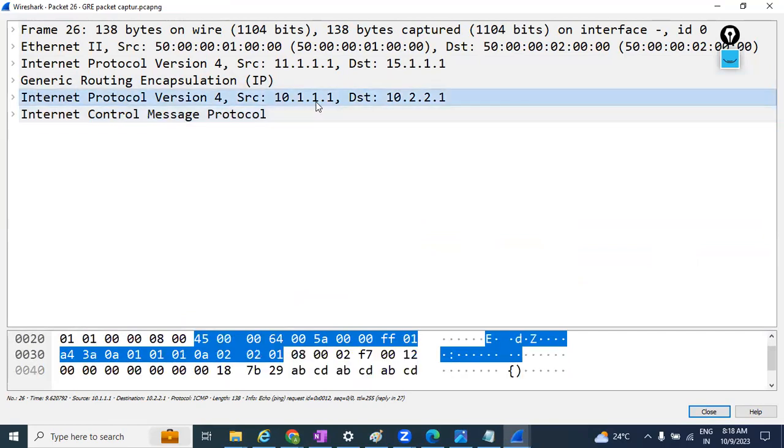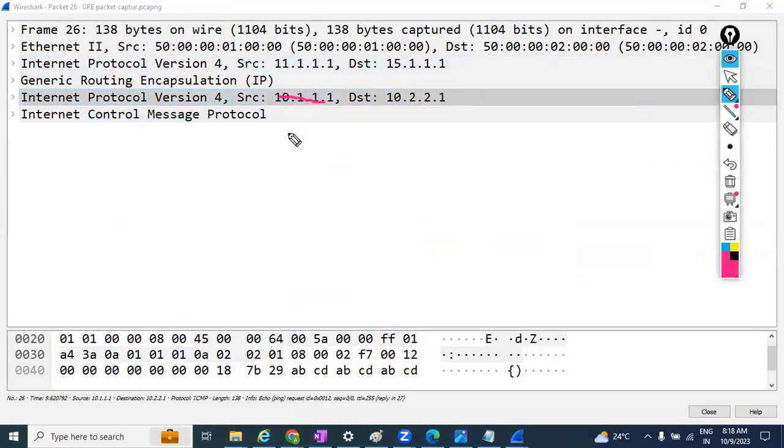This is the private 10.1.1.1 and 10.2.2.1. In the diagram, I have mentioned them as 1.1.1.1 and 2.2.2.2. This is the GRE header, and this is the outer IP header. What is the source here? 11.1, and what is the destination?